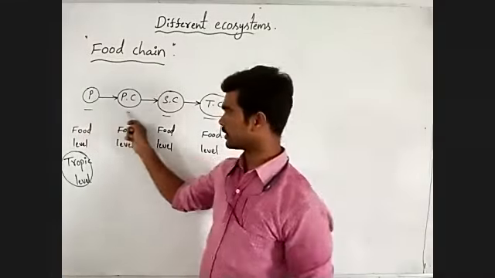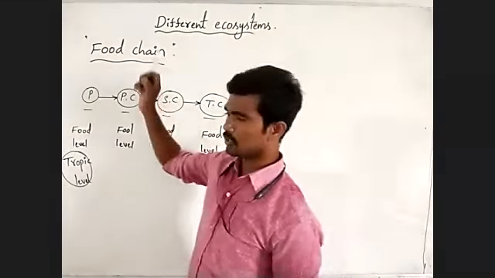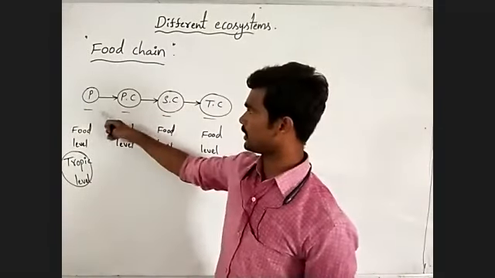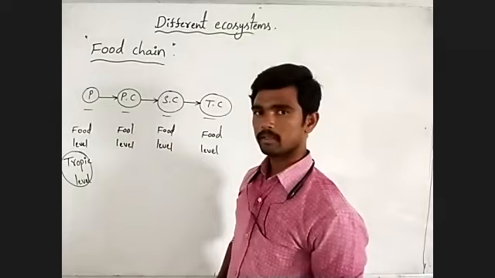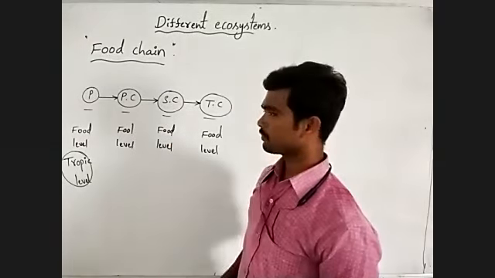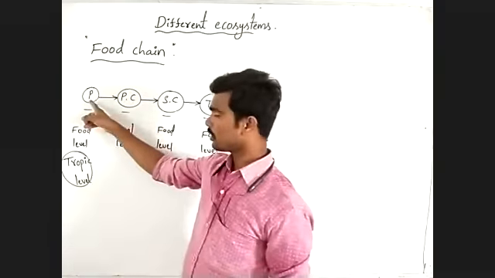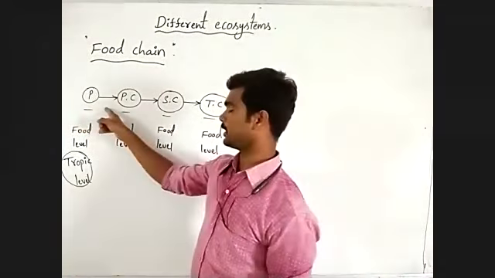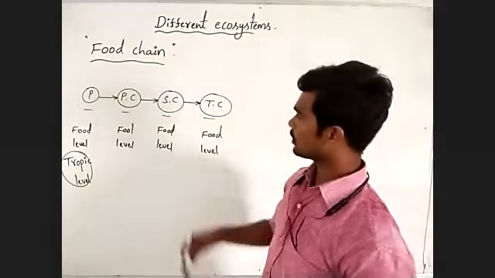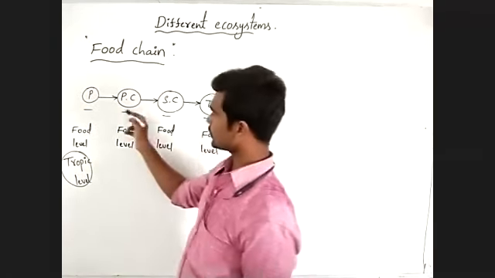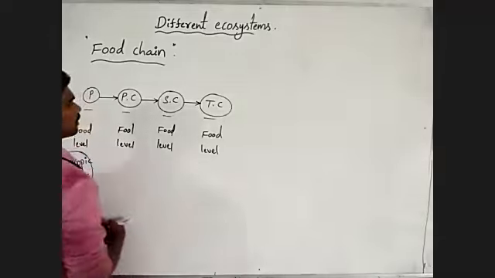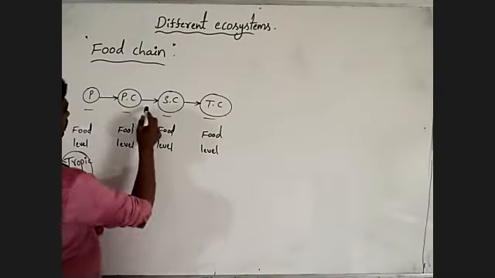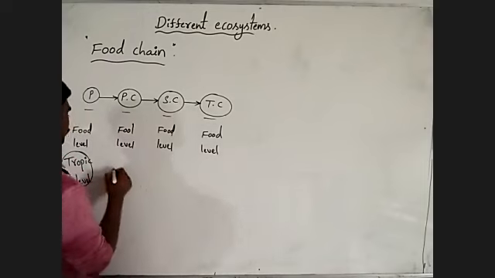This linear sequence is called a food chain. Means all trophic levels are arranged in a chain. Listen carefully here. Observe carefully like this. This type of chain is called a food chain.